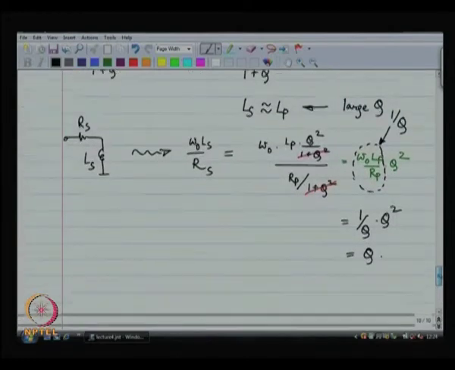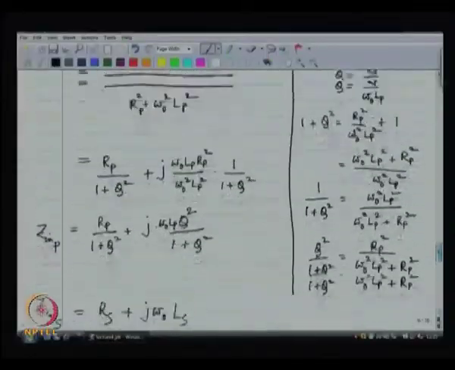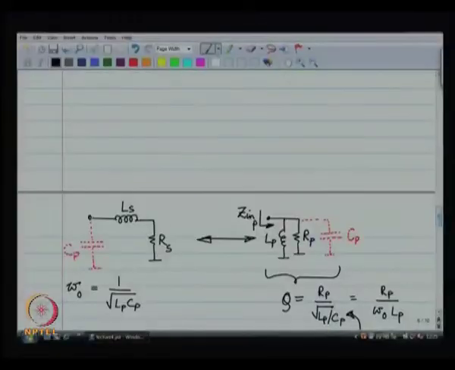Is this okay? So far so good. So, we can go back and forth between series RL networks and parallel RL networks at a chosen frequency of interest. And all this is possible by assuming that you have the required capacitor in parallel with it, and then you do the Q computation in your head.